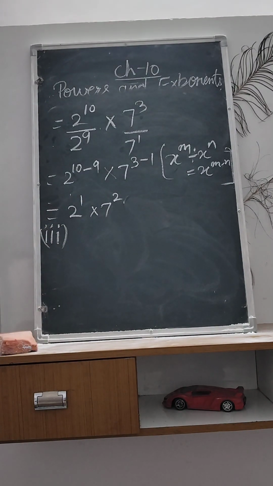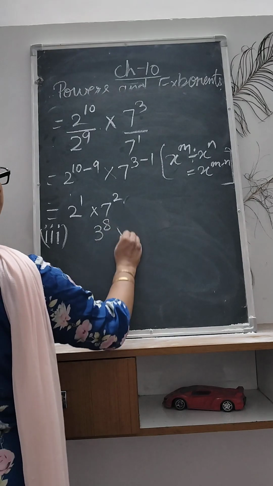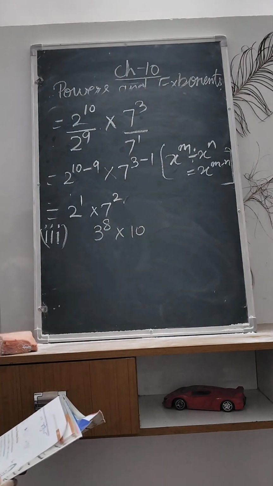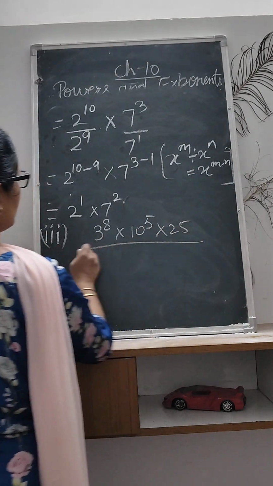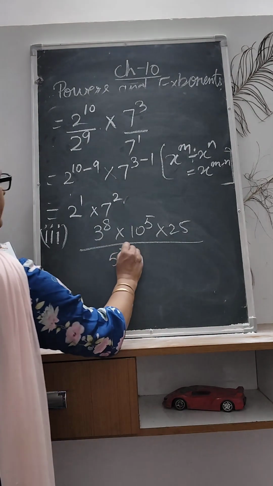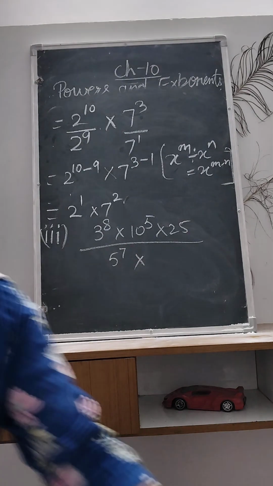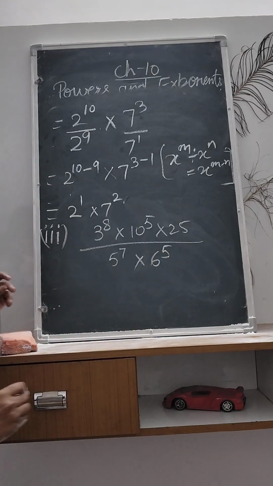Third part is 3 raised to power 8 into 10 raised to power 5 into 25 upon 5 raised to power 7 into 6 raised to power 5.